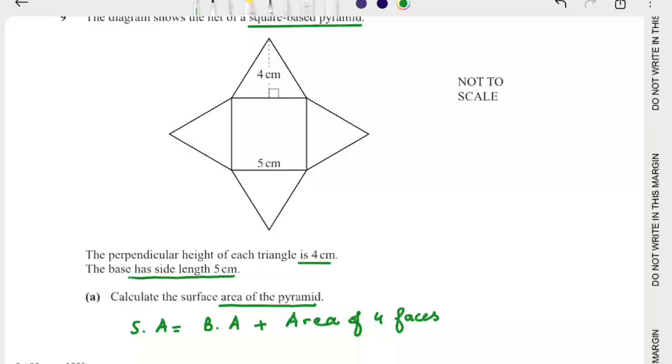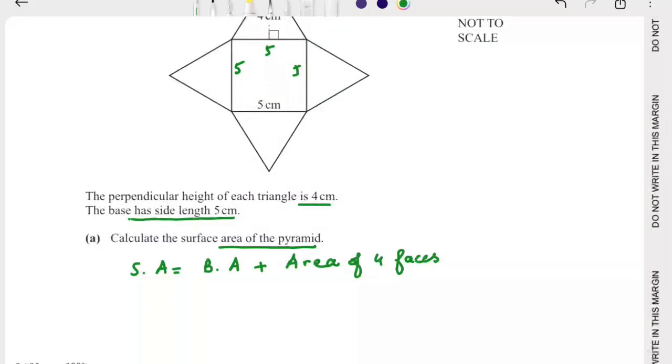Let us see that the dimensions of all 4 faces would be identical. If you see, this is a square base, so it would be 5, 5, and this would also be 5. As the 4 triangles are identical, the formula for base and area of 4 faces would be: the base is a square base, so it would be side times side plus 4 times half times base times height.